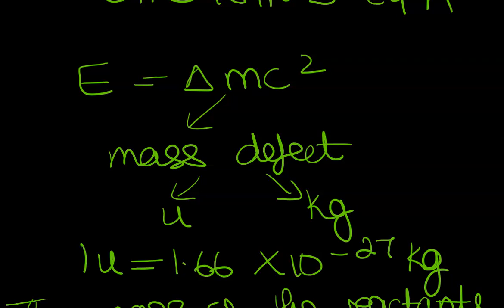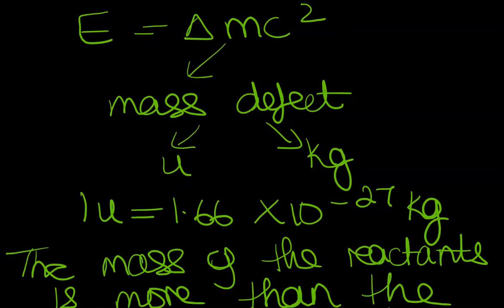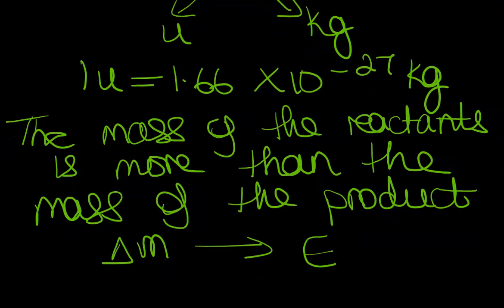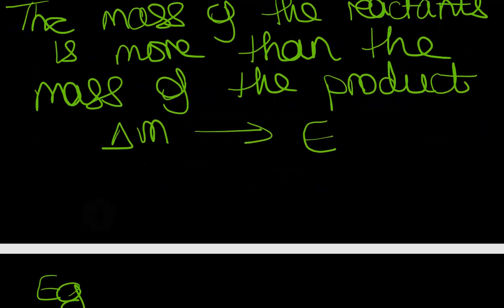So you will then understand that that difference in mass is what is transformed and emitted as energy. Your mass is given in terms of u, which is 1.6 by 10 to the minus 27 kilograms. And we have said that the difference in mass is what is emitted as energy.